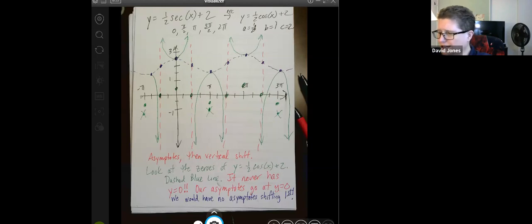Shifting by pi over 6 is a little hard here. We need a denominator of something that matches with these two. So maybe let's get these in terms of twelfths.